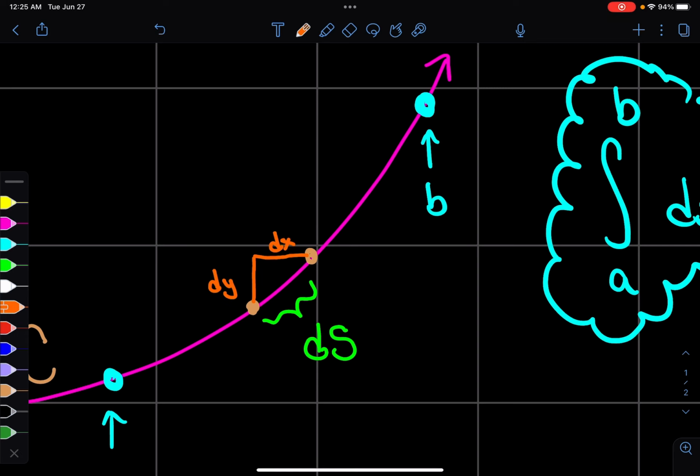And the idea is that we are so zoomed in at a microscopic level that we could very simply use the Pythagorean theorem to say that ds was equal to the square root of dx squared plus dy squared.